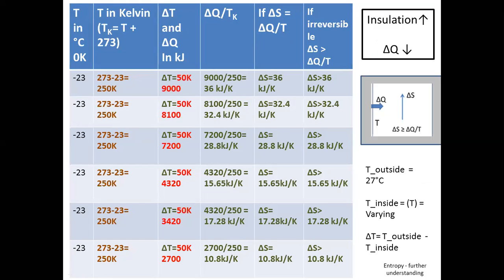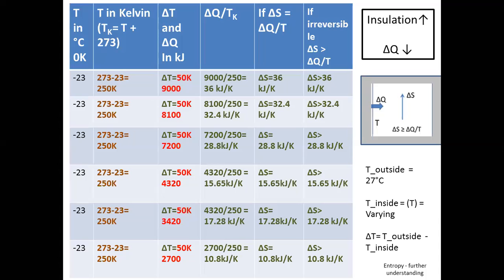Go with the better insulations. So you can see same thermostat setting, insulation level increase, insulation quality increase, your heat transfer to inside reduces, and your entropy increase reduces. It is a dramatic reduction. So that is the 3 cases now.